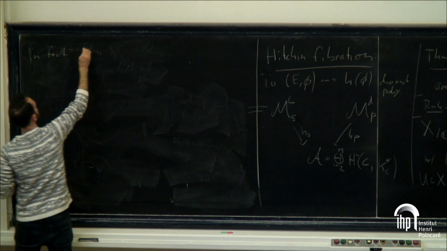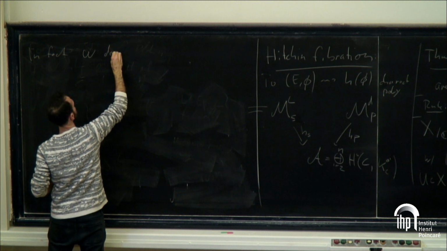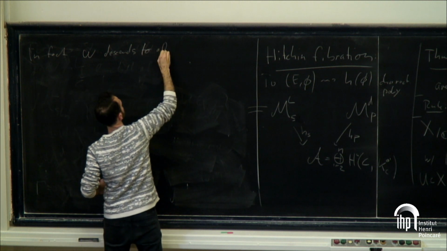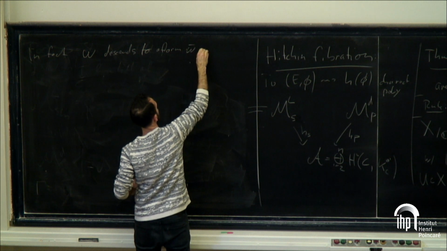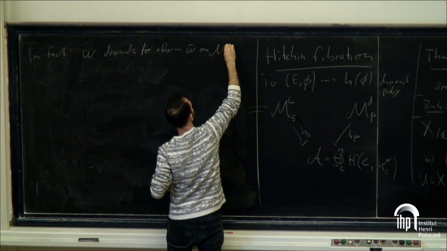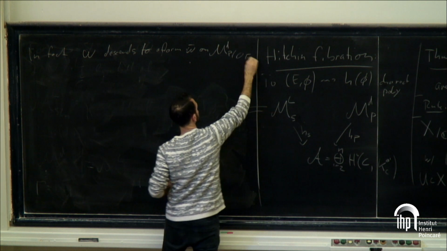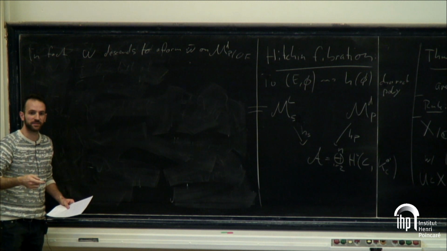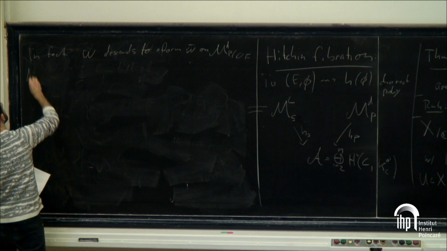In fact, the volume form we chose descends to form an omega bar on M dp, now also defined over O of f. This is just because the gamma action leaves the canonical bundle invariant, and so you get a form below.